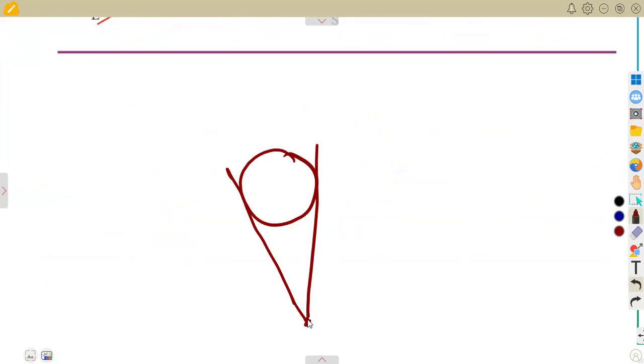If this is P and this is R and this is Q, it follows that PR is equal to QR. Two tangents drawn to the circle from the same point are equal in length.